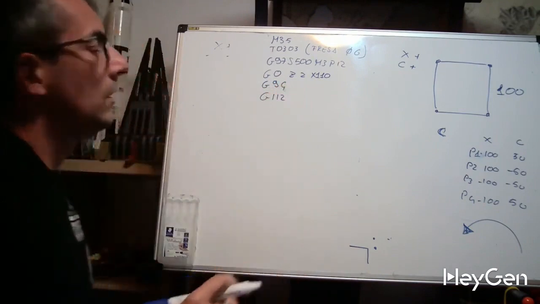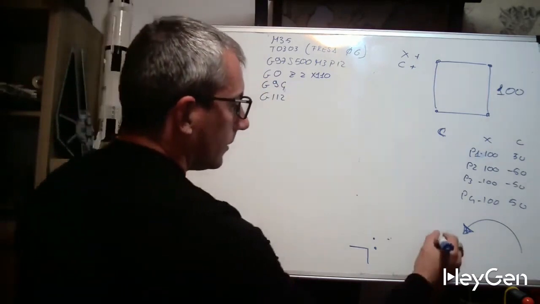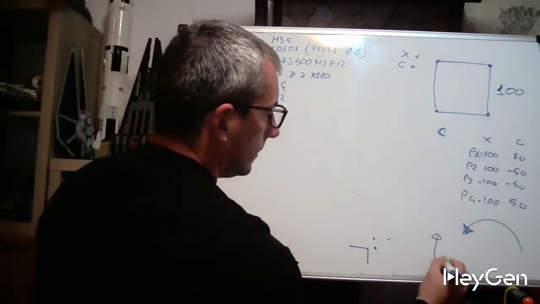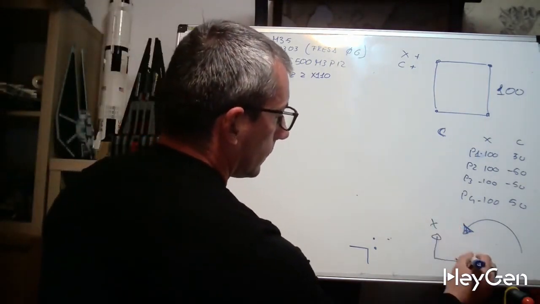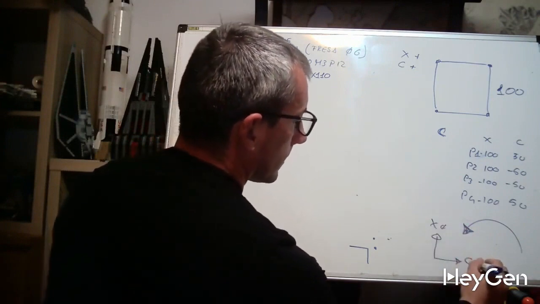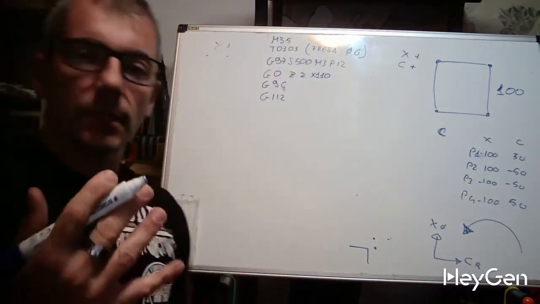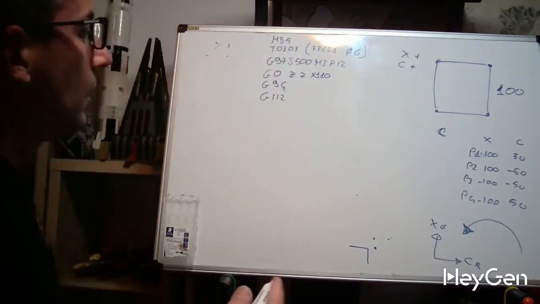Now, the machine knows it has to work according to the Cartesian coordinate system, where X represents the diameters, and C represents the radii. OK. In front of the head end of the piece.